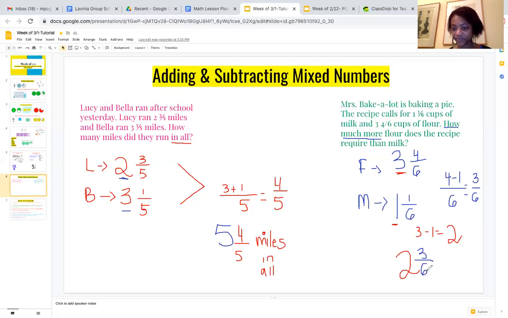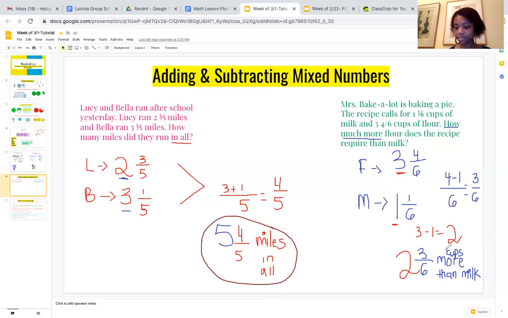So 2 1/2 cups more than milk. So our final answers here are 5 4/5 miles in all.